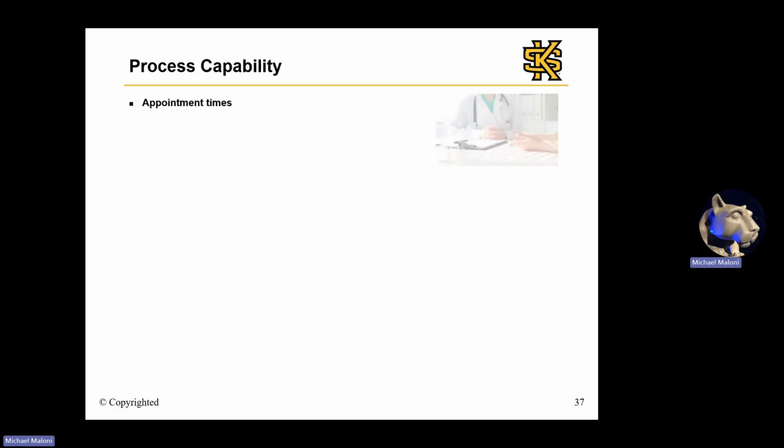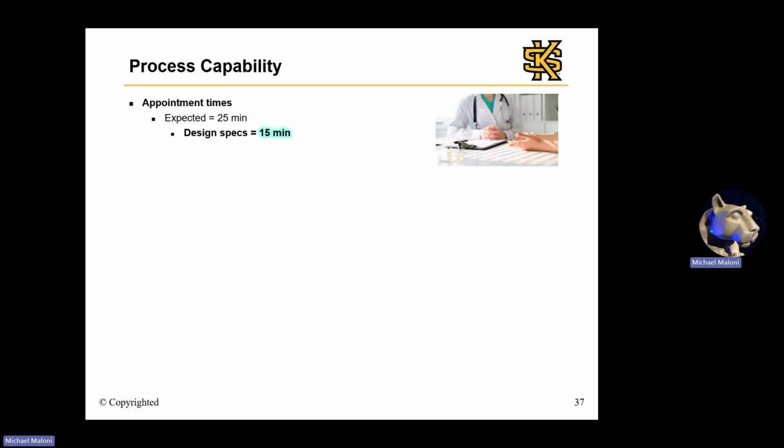Let's return to our medical appointment time example that we discussed earlier in the chapter. The expected duration of each appointment is 25 minutes. Nevertheless, actual appointment times will vary, at least to some extent. Based on detailed feedback from customers, the patients, we've determined that they want appointments to last at least 15 minutes.